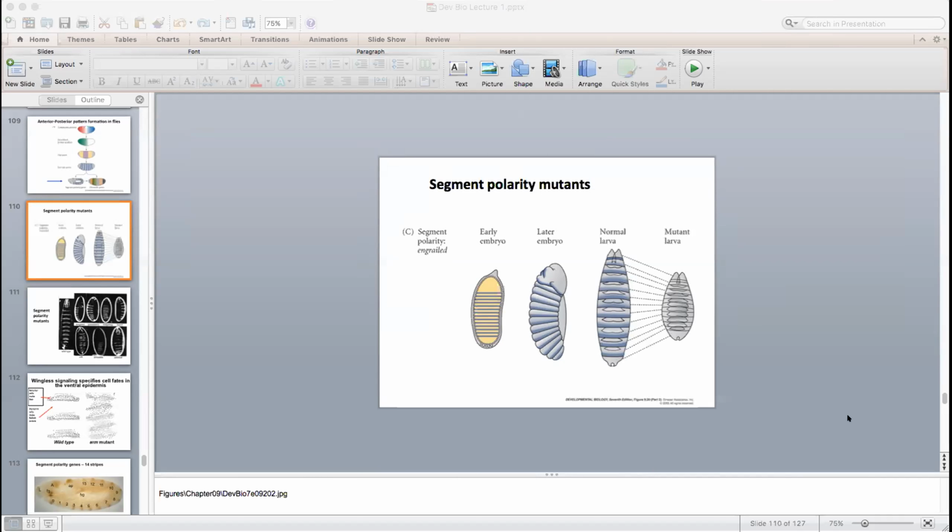So what is this latter half, post gradient, all the way to? We keep calling it segmentation. Essentially, two things are happening here. They need to be divided into repeating units. These are two things that need to be achieved by the end of embryogenesis. After that, everything is easier for the animal to go about.